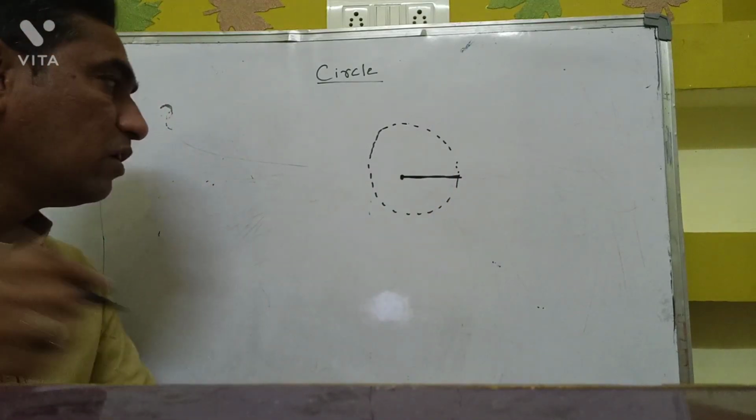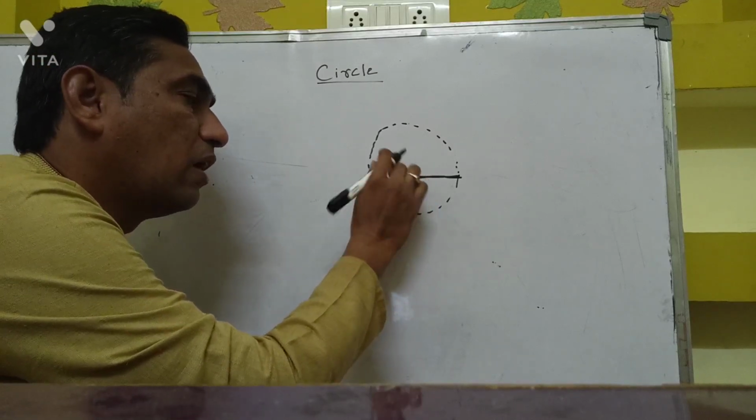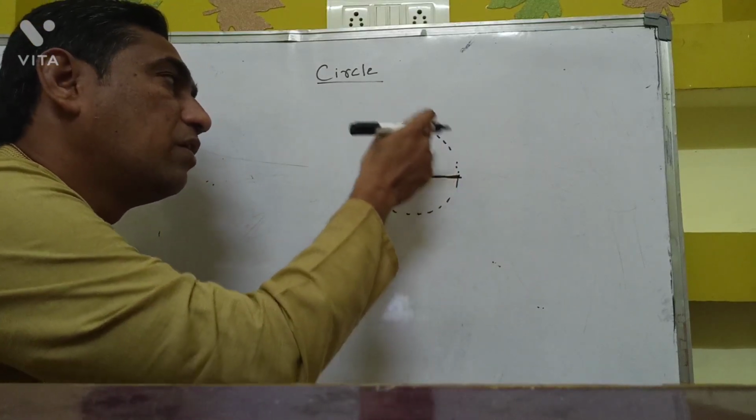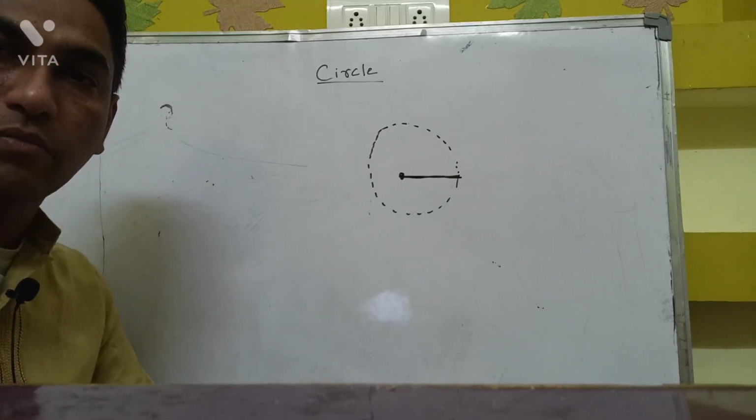Here one thing is important: the fixed point and the distance are fixed. With that, we can draw a circle.